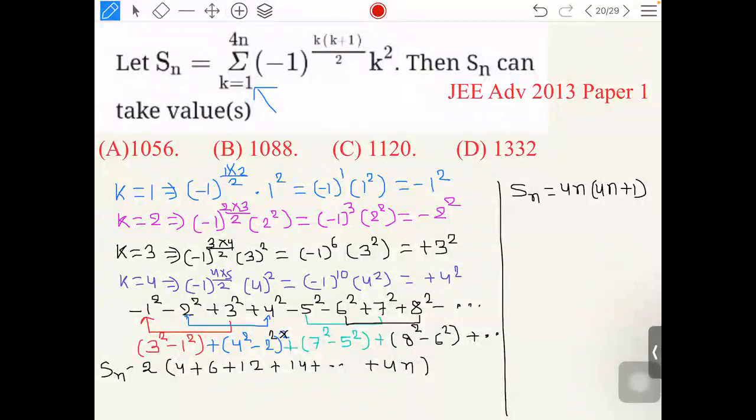और ये 1 और मोर देन 1 करेक्ट ऑप्शन है, ये आपको क्वेश्चन देख के समझना चाहिए, क्योंकि वैल्यूज दिया हुआ है, मतलब 1 और मोर देन 1 करेक्ट ऑप्शन। तो इसमें अगर n का वैल्यू हम लोग 8 पुट करेंगे तो S8 हमारा आ जाएगा 32 × 33, that is 1056.